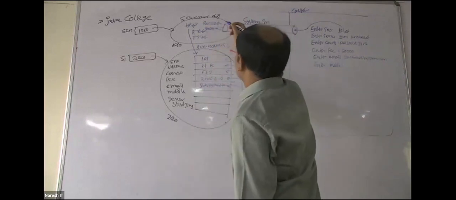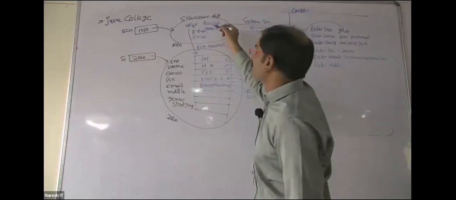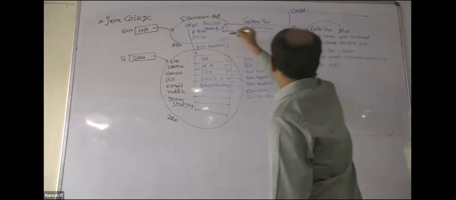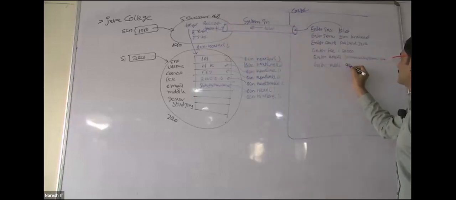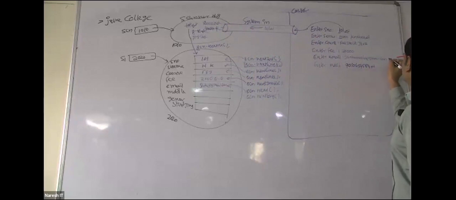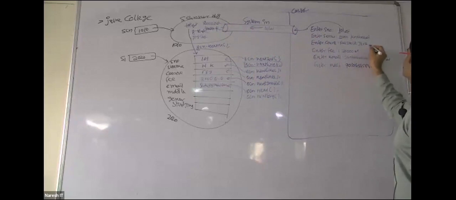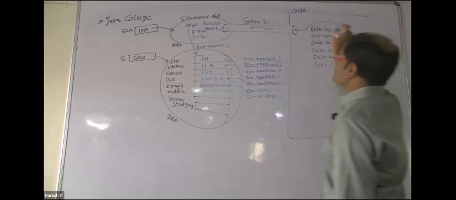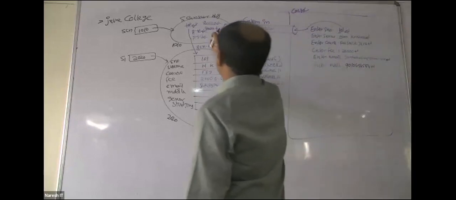Not there. What is available? The enter key character, which is ignored. Program execution passes and we enter 9010454584. Press enter. Now it comes into System.in and the scanner object.